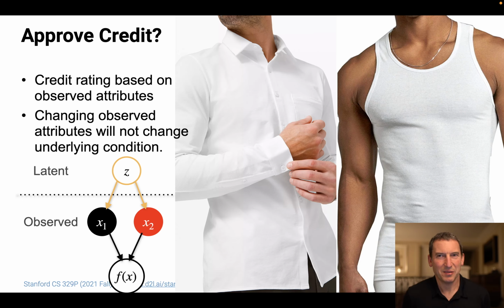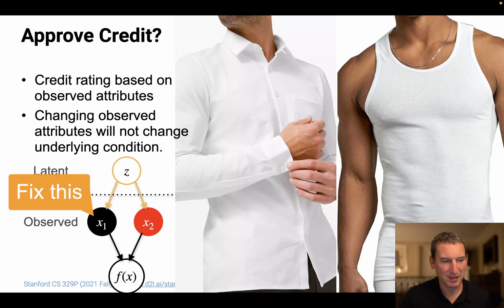But at least it's an attribute of that person, and usually creditworthiness may manifest itself also in the outfit. But obviously it's clear if I take the gentleman on the right and let him wear a shirt, he does become no better or worse in terms of his creditworthiness. So I really should not take that into account.